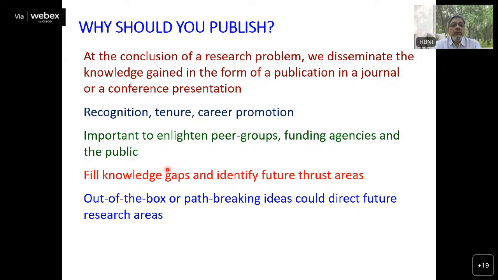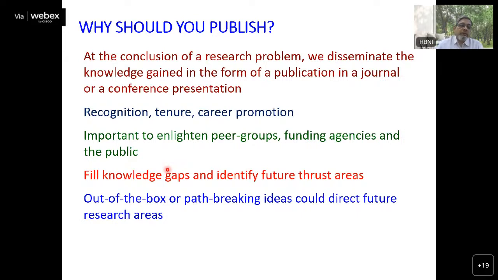Another reason you need to publish is to get recognition for your own research, and it can help you in getting your tenure or positions and also promotions in your career. Also, it is important to enlighten the peer groups associated with your research work, the funding agencies in that area of research, and of course the general public to whom you owe a lot, because the general public actually pays for most of the research which is carried out in our country.